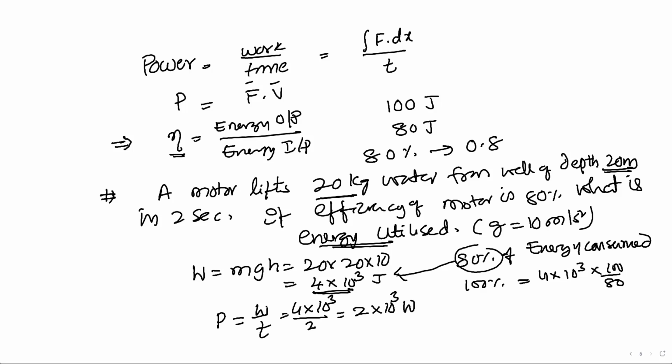Then how much do you get? Yes, you get 5 into 10 power 3 joule. This is 100% energy. So the electrical energy utilized by the engine is 5 into 10 power 3 joule. This type of problems will be asked related to this.